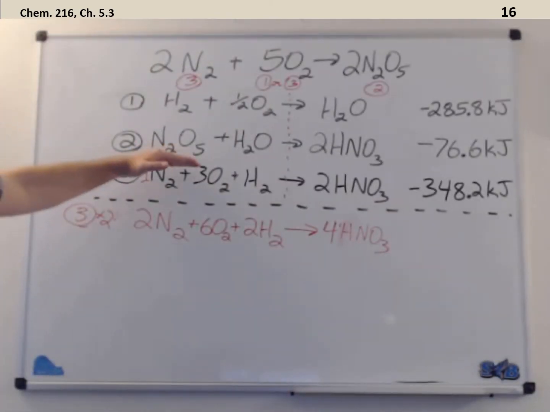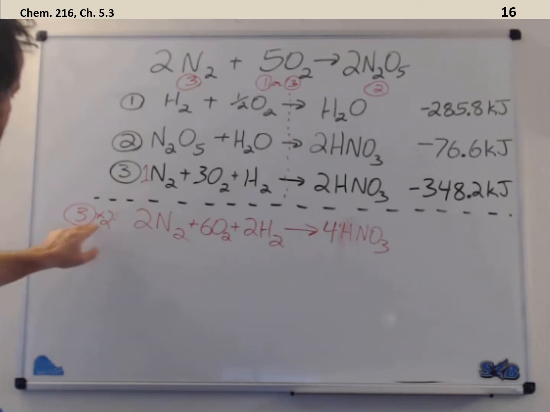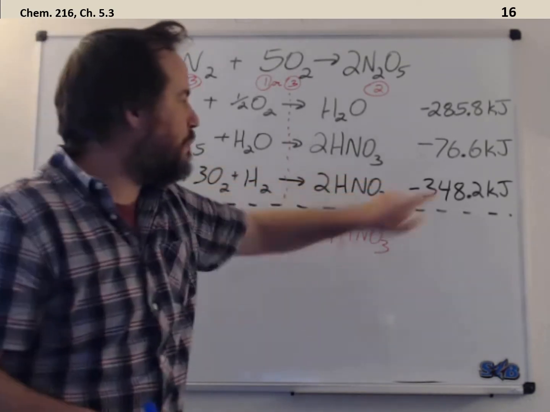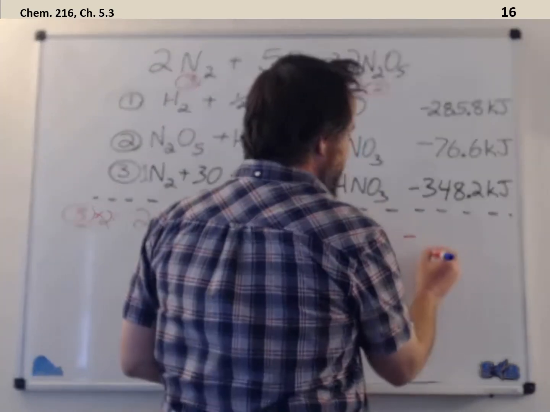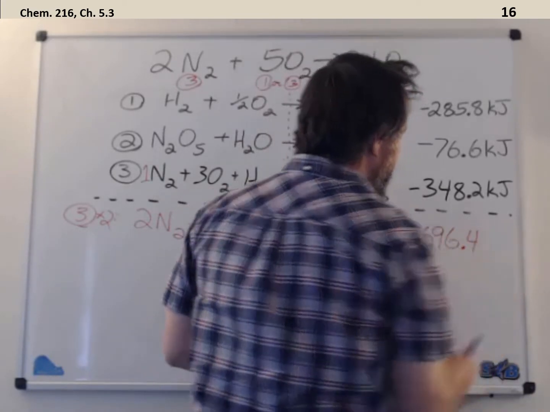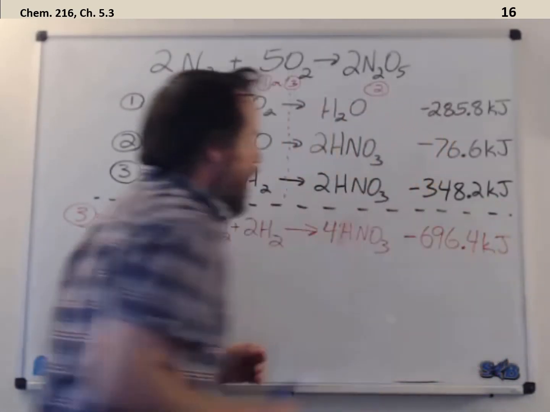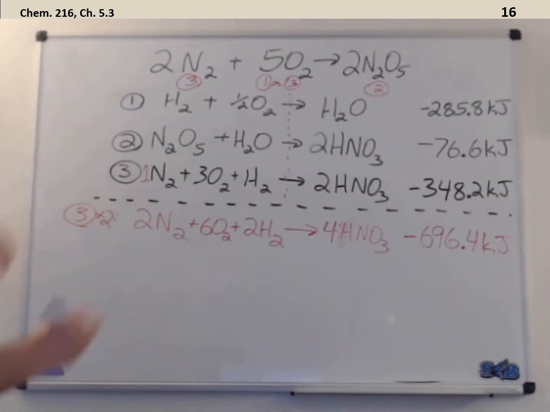Seeing that I multiplied all those coefficients by 2 and didn't change any of the compounds themselves, that means I'm going to multiply this by 2. That's going to be negative 696.4 kilojoules, and I'm including that for completeness. All right, so I got N2 in the right spot.